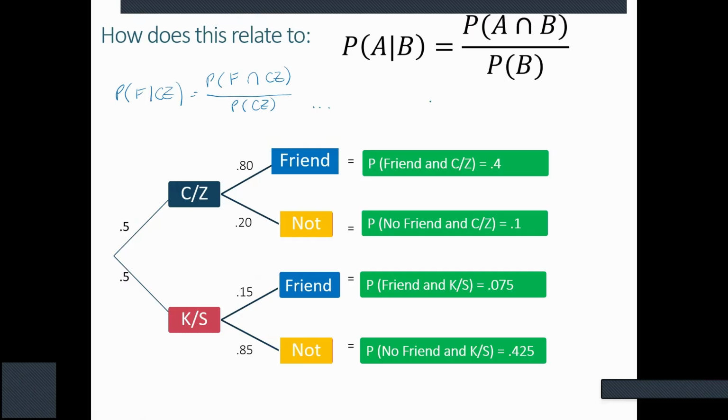So that translates to something over 0.5. The 0.8 here is a conditional probability. It's the probability of your friend going if you go to CZ. And notice that condition is different if you go to KS, right? So that's actually the front piece. So the probability of friend given CZ is 0.8. And then the and is what you get out of the end, friend and CZ. And so that is 0.4.